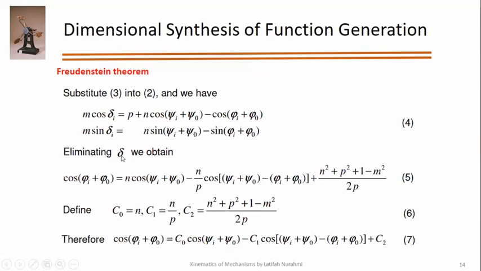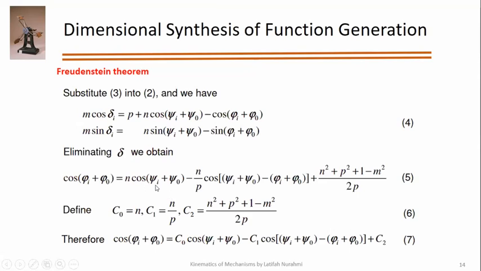Now what we are going to do, we are going to eliminate delta. So eliminating delta, we will obtain this part. So cos psi cos phi I plus phi naught is equal to, so this term will go on that side, this term will come on this side, simply like that.